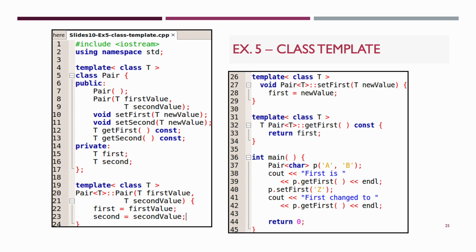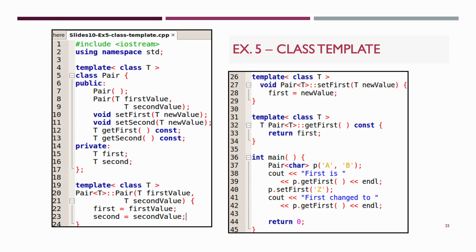So here is an example of class template. The class template is defined using template class T. Here T is the type parameter that will be specified when an object of the class is created. Now class pair, we have a class pair.